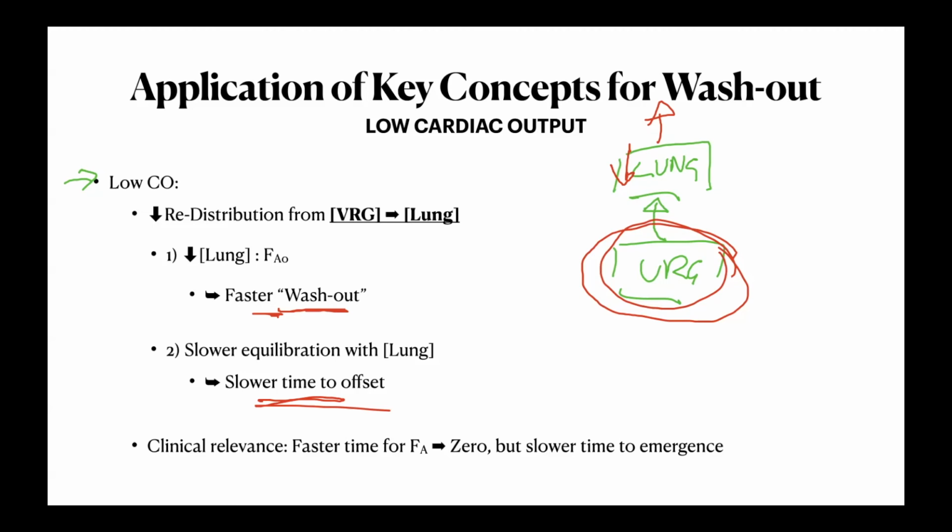And so the clinical relevance is that, yes, there is a faster time for your alveolar pressure to reach 0. Absolutely, I agree with that. But there is a slower time to emergence, and the reason for that is because that equilibration has yet to occur.